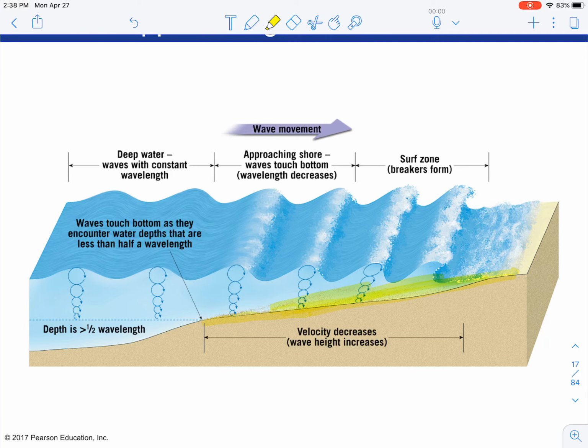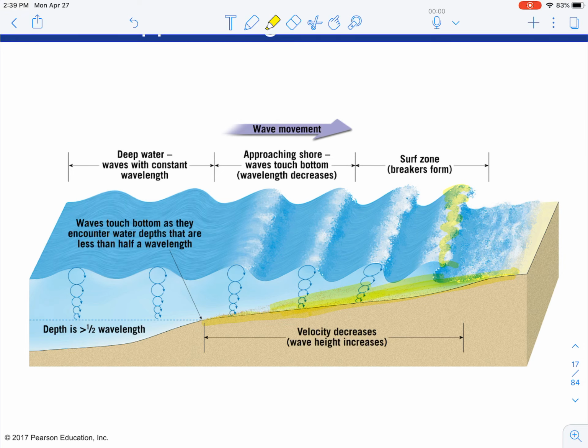So it meets resistance, and the trough of the wave catches the shoreline, slowing motion at the bottom, and then the top of the wave, which is not experiencing that resistant force, is moving faster, and that's when you get an increase in height and then eventual cresting or breaking of the waves on the coast, right? So that's a simplistic representation of this.